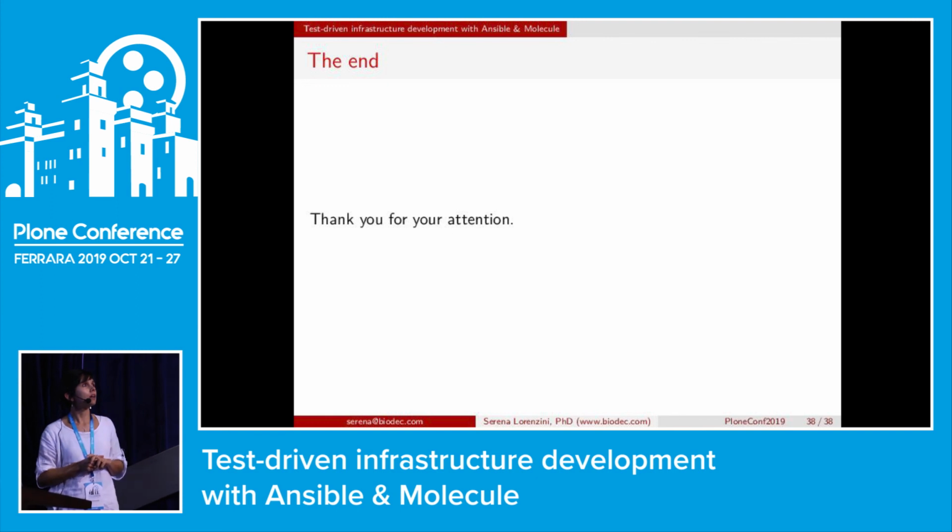I could have done the exact same thing without Molecule. I could have spun up an EC2 instance, written the name of the instance somewhere, and run the Plone Ansible role against this instance.